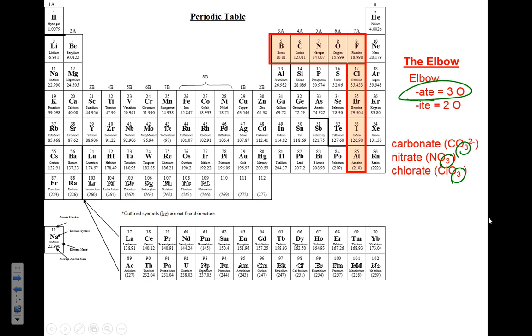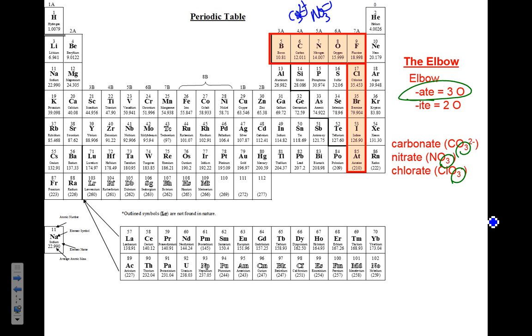Now, one thing I did want to point out related to this before we get to outside the elbow. Carbonate was CO3, 2 minus, and nitrate then was NO3 minus. How do I keep those apart and maybe help remember what my charge is? Well, notice carbon was 1 further away, so it had the -2, and nitrogen had the -1.